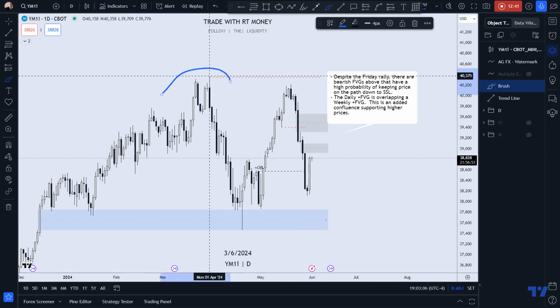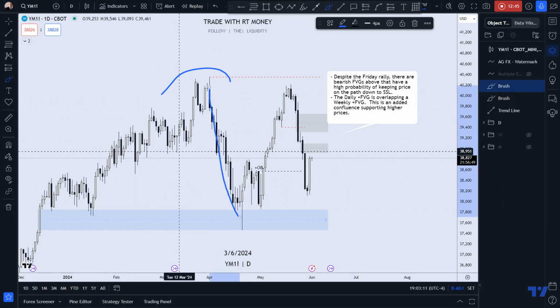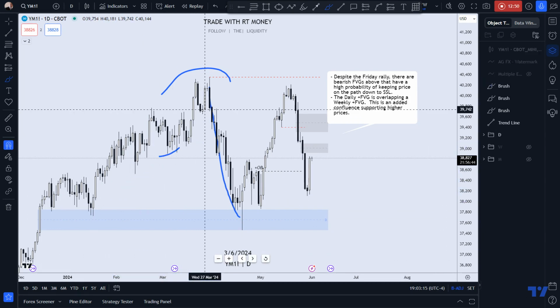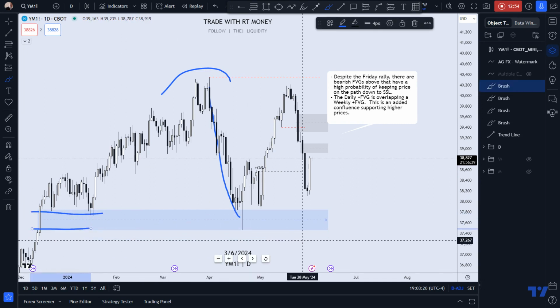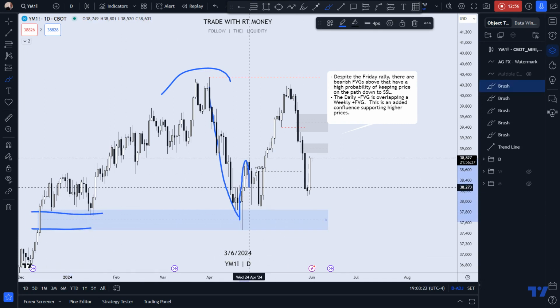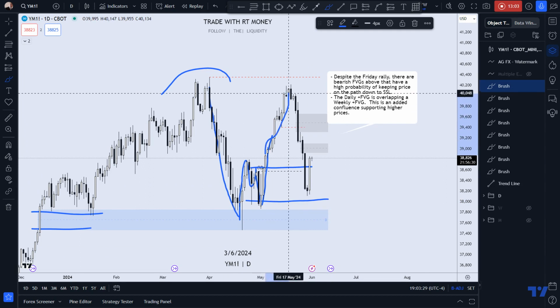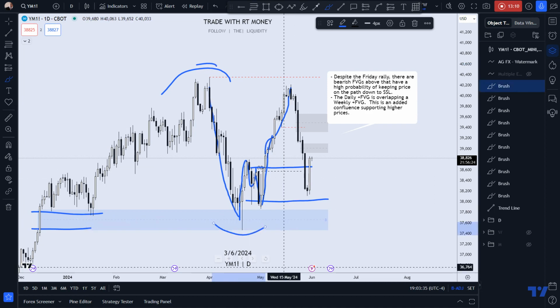Price pushed back down, taking out all of this low resistance liquidity, all these lows, and mitigated the fair value gap. Right. We pushed up, formed an order block here. All right. We pushed up, but we failed to take out that high. What does that mean when you have a swing failure? That means this low is probably going to be targeted for liquidity.